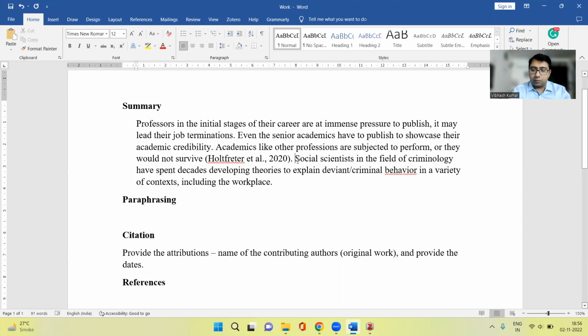So a very important part of this is to provide it in quotes. Okay, provide it in quotes, and also remember that you have to take this citation. So you have taken it in quotes. If you know that some of the information is definitive, it cannot be changed much, and if I paraphrase it, then the meaning changes entirely.